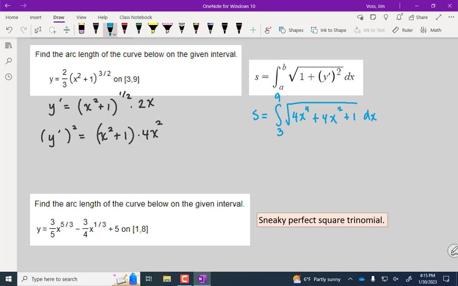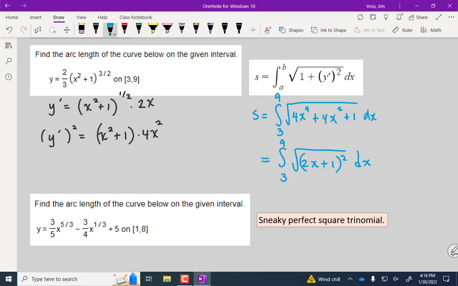Anyone notice anything special about that trinomial? Does it factor nicely? Isn't it a perfect square? That is a perfect square trinomial. Right?